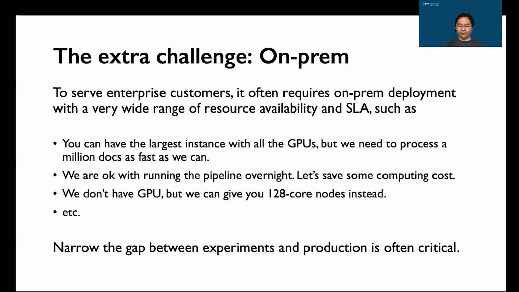Ray provides us a good opportunity to have fewer external dependencies for scaling. For some of these pipelines, you can just remain in your Python ecosystem, and your code will still be able to scale. That really narrows the gap between experiments and production, and that's also often critical.